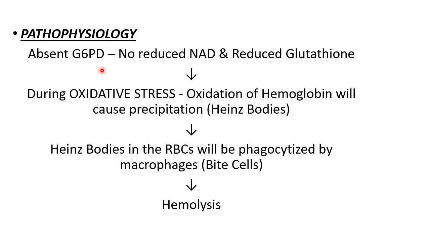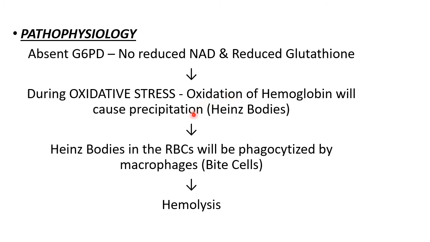Okay, in G6PD deficiency, there is associated reduction of your NADPH and reduced glutathione. Itong dalawang ito has an important role for neutralizing free radicals and oxidative stress. Okay? Kung wala ka nito, prone ka sa damages done by your free radicals and oxidants. And then, therefore, yung ating hemoglobin is predisposed for oxidation.